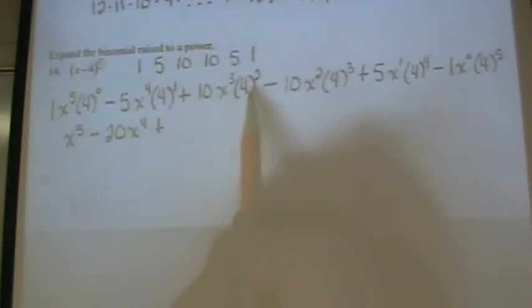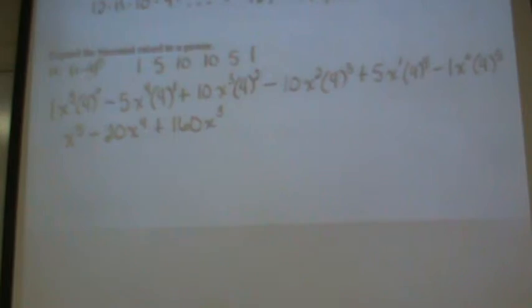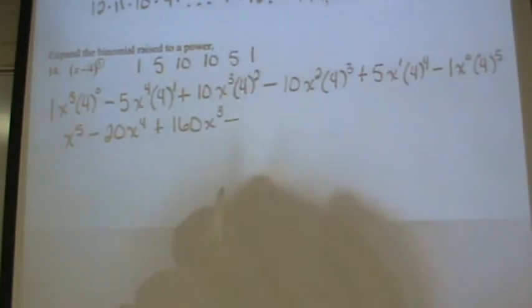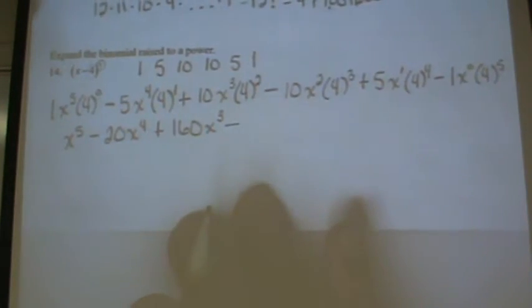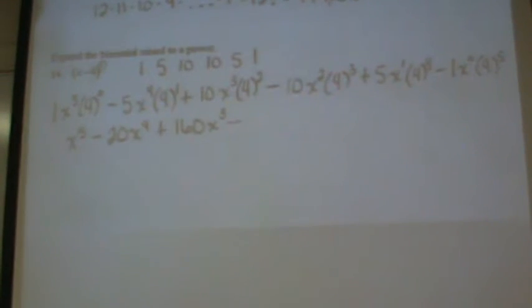You have 10 times 4 squared. 4 squared is 16. 16 times 10 is 160 times your x cubed. Bring down your subtraction sign. You have 10 times 4 cubed. 4 cubed is 64.